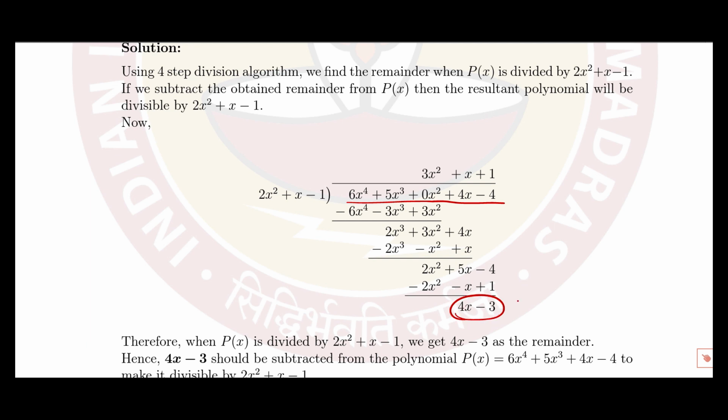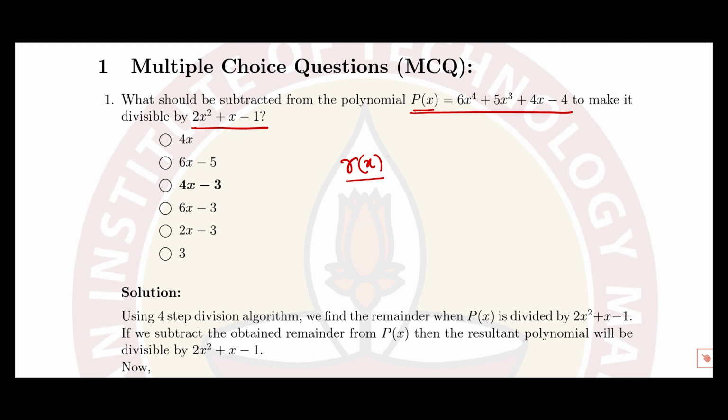So our r of x is nothing but 4x minus 3. Therefore 4x minus 3 needs to be subtracted from the polynomial p of x in order to get remainder 0, and it implies that 2x square plus x minus 1 will divide p of x.